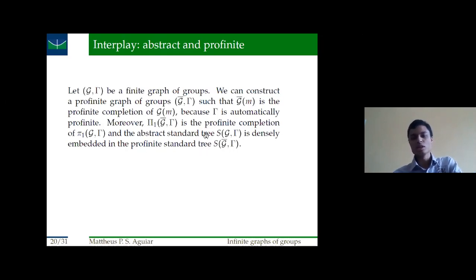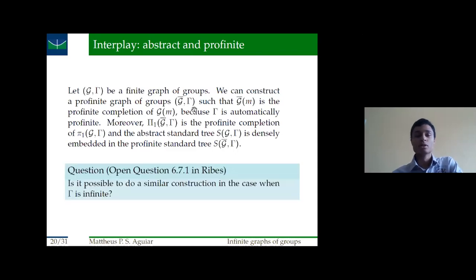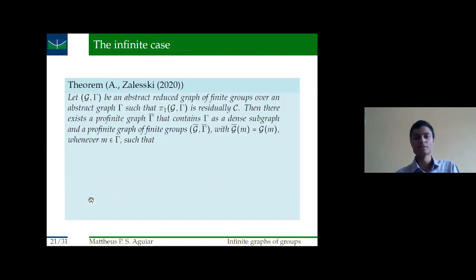So the standard tree is just the graph such that the fundamental group acts on it and it generates the graph itself. So it raises a question that is open question 6.7.1 in Ribes. Is it possible to do a similar construction in the case when gamma is infinite?